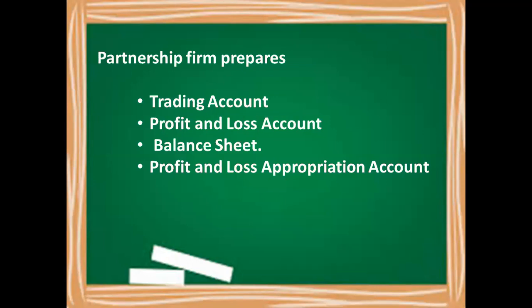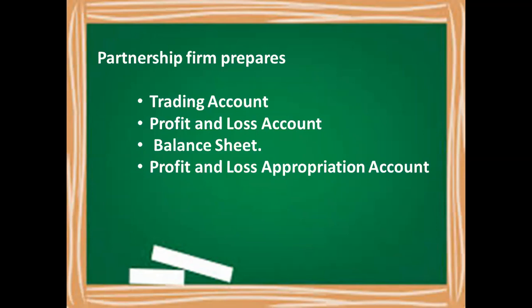Why is it so? Because in a partnership, there are two or more persons. So whatever net profit or net loss a firm earns is to be shared among the partners in their profit sharing ratio. The account that shows the distribution of profit and loss among the partners is known as the profit and loss appropriation account.